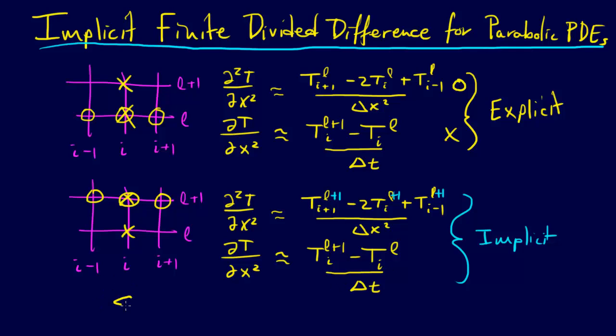So the implicit is stable and convergent without putting a stipulation on our step size. So we don't have to make any special considerations for our step size, and that is very nice because we may need to use a larger step size. We may not be able to make it that small. And so the great thing about this is both stable and convergent, regardless. I mean, it still has to be small enough, but that's the case.